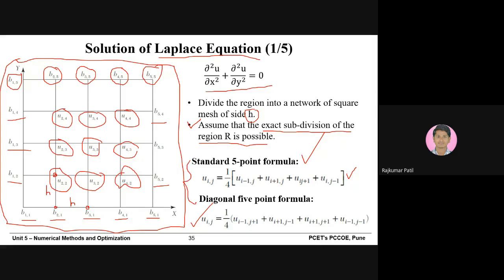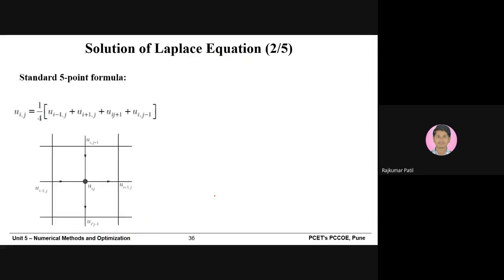Whenever we are not in a position to use the standard 5-point formula, then we can use the diagonal 5-point formula. Now we will see how to use the standard 5-point formula.